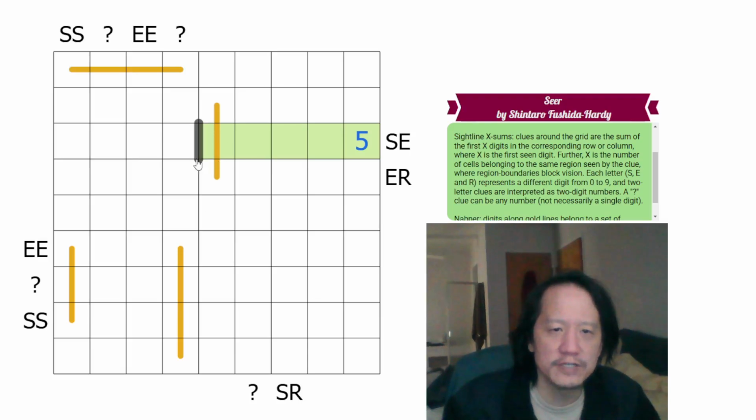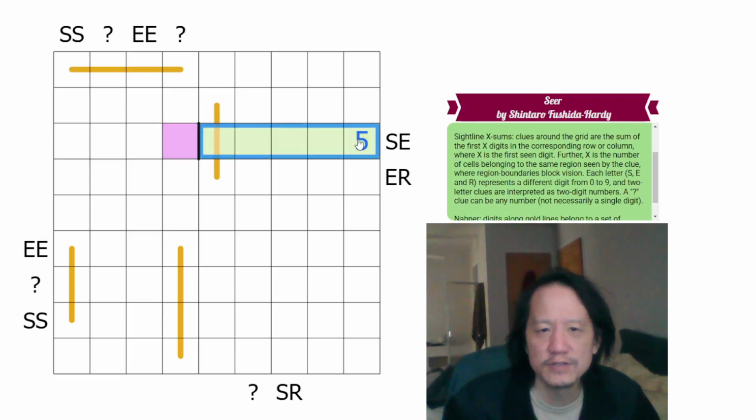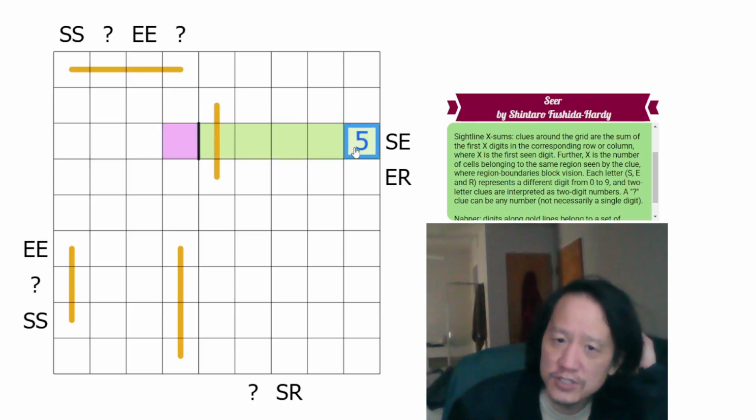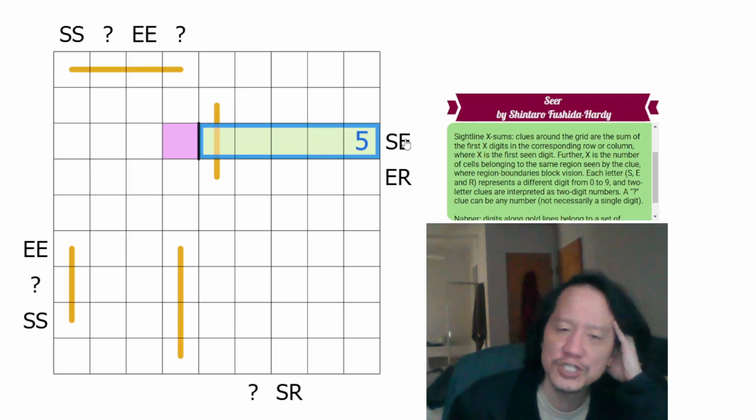It would be blocked here, right? So this would be a different region than here. So this 5 does double duty, as in it says the first X digits sum to whatever S and E is, S being the tens digit and E being the ones digit. And it also says the first 5 cells must be in the same region from this SE clue.